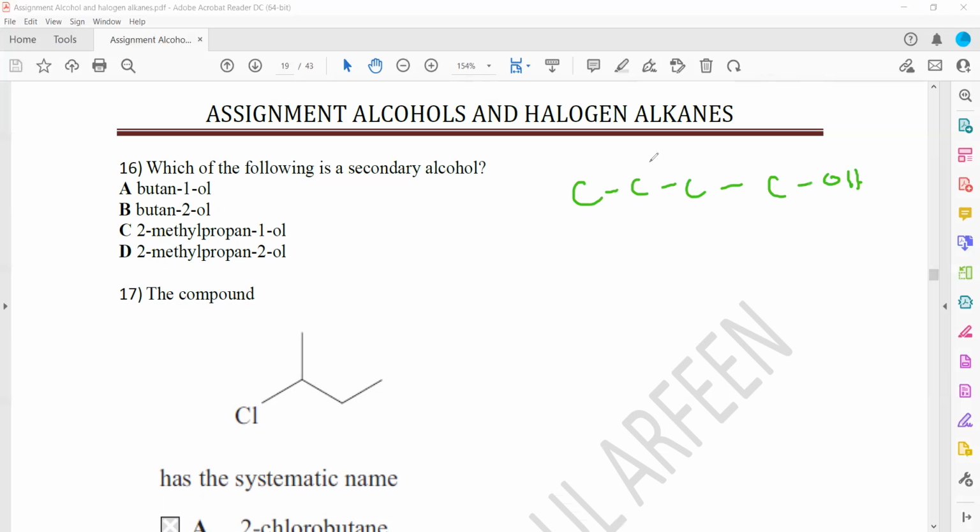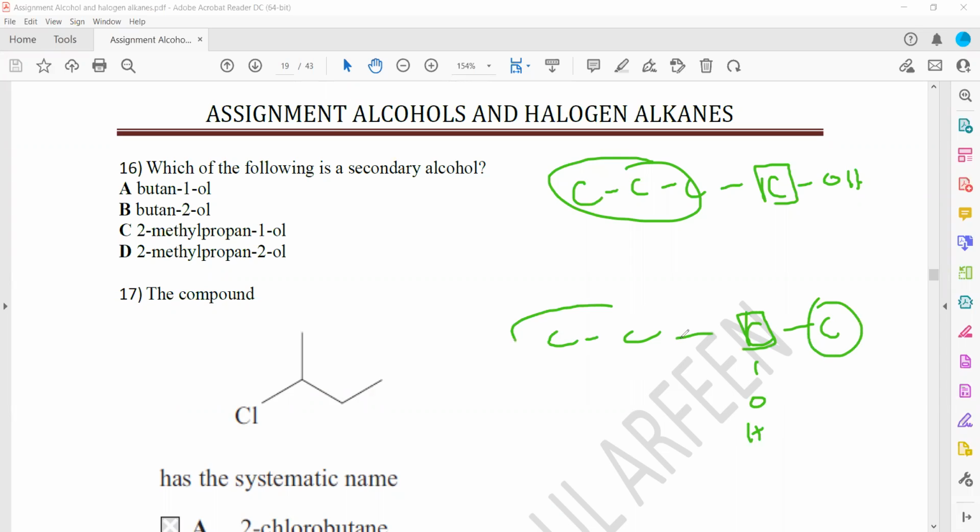So it is primary, because the carbon attached to OH has 1 carbon chain. Butan-2-ol means 4 carbon atoms with OH attached to the second carbon. This carbon has 2 carbon chains, so it is secondary. That's why B is the right answer.